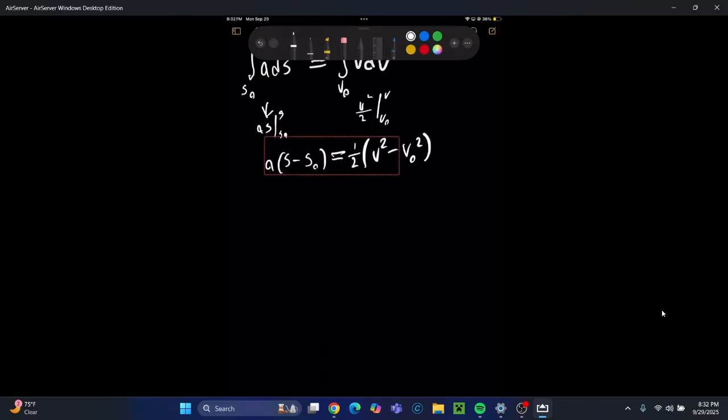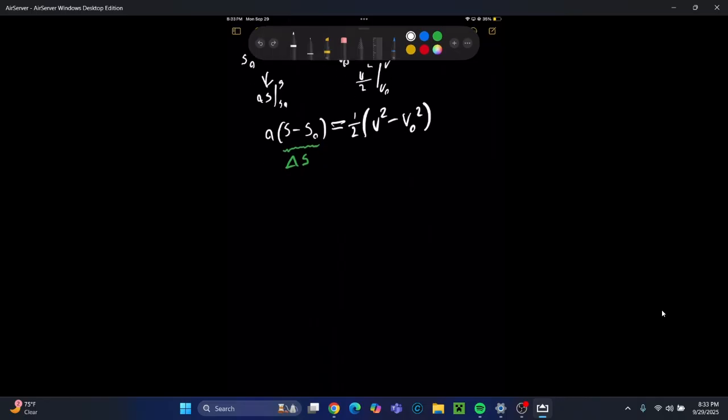Then we're just going to extrapolate this now. We know this is the change in our position, so we can say delta s. We can't really do that for these because they're squared quantities, and it just wouldn't work. Just trust me, bro.